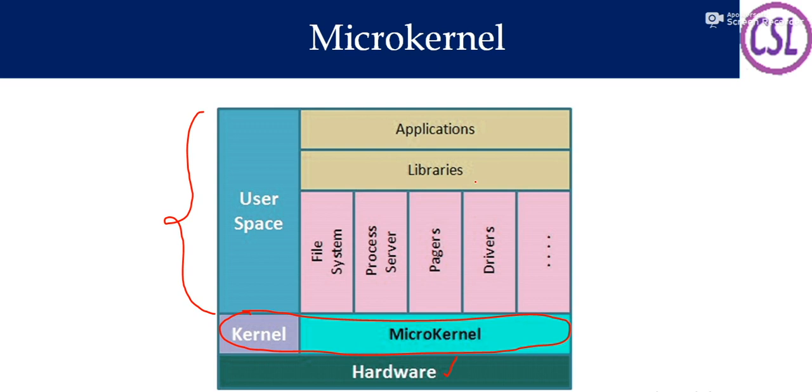And even though the functionalities of the operating system, part of the functionality like file system, process server, pages, drivers, etc. are all put in the user space. So if any additional services are needed from the user space, it communicates with the microkernel, and the microkernel communicates with the hardware.